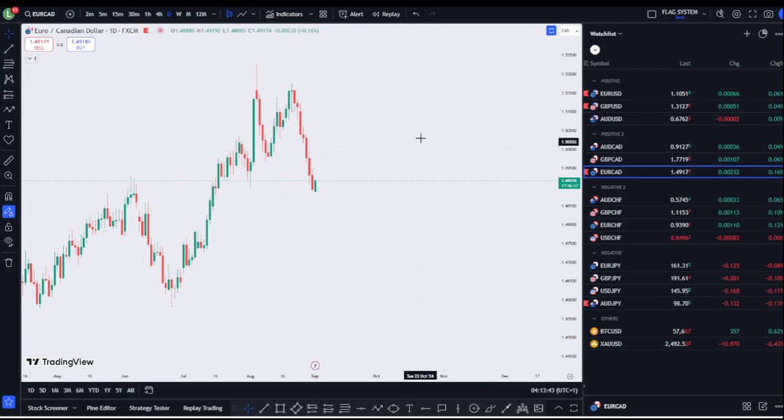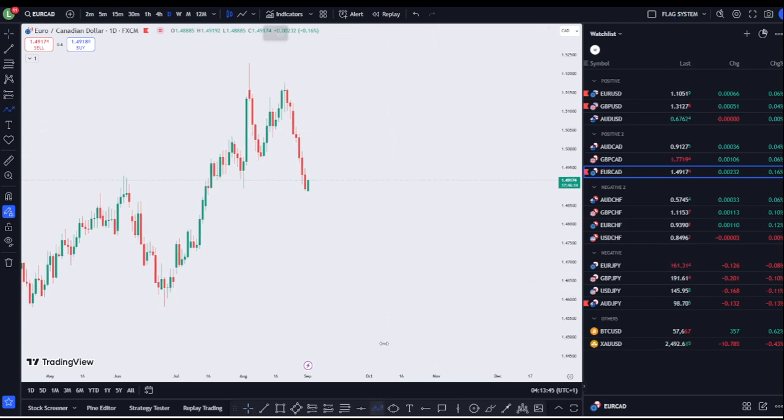You have to understand structure very well. Or in a situation whereby price is trending down, forming lower high, lower low, then we have another lower high, then lower low.